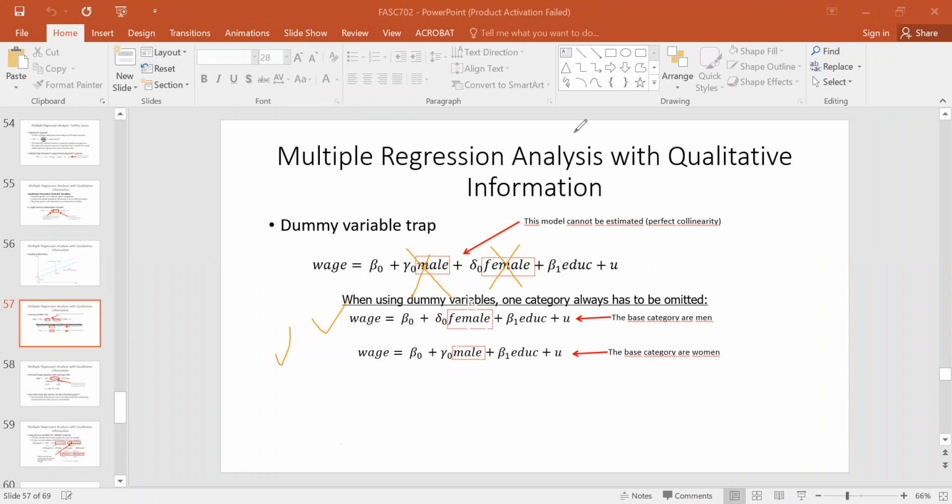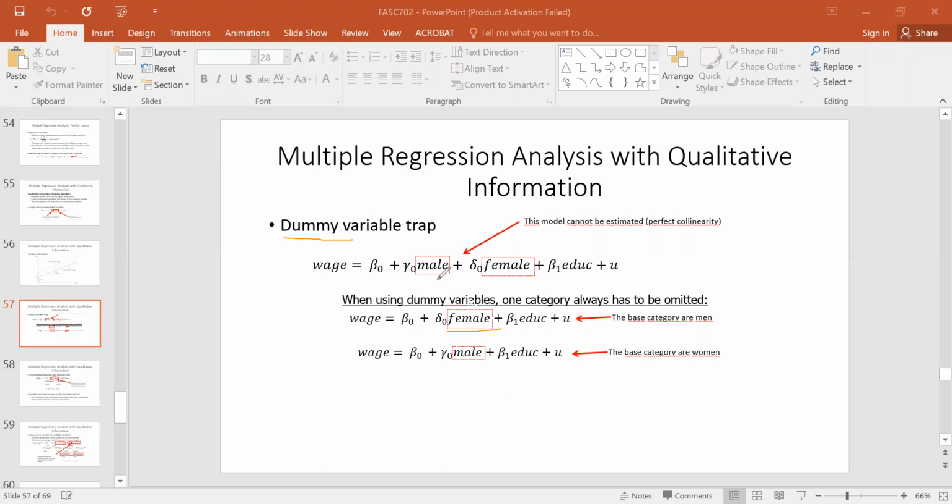So what does this tell us? Whenever you have two categories in a variable, or people say 2 levels, like gender with male and female, you create the dummy for only one of them and use the other as a reference category. That's it. Do not include both, otherwise you fall into what we call the dummy variable trap.